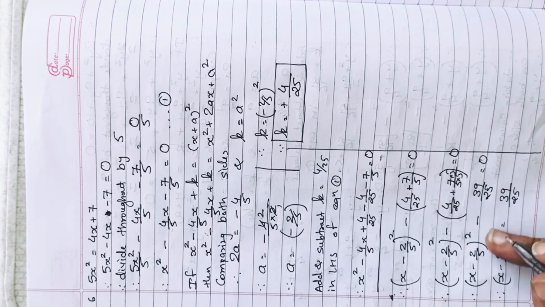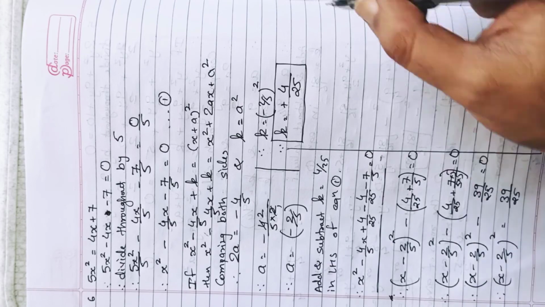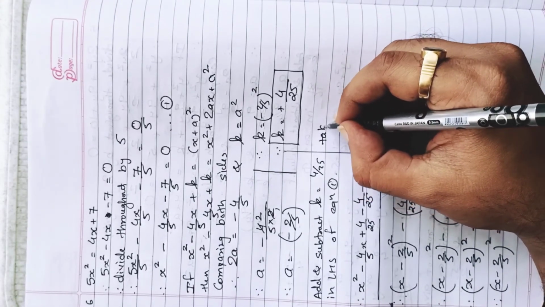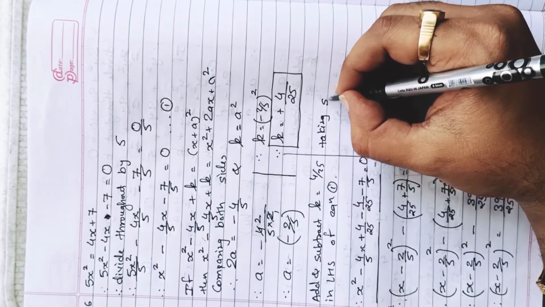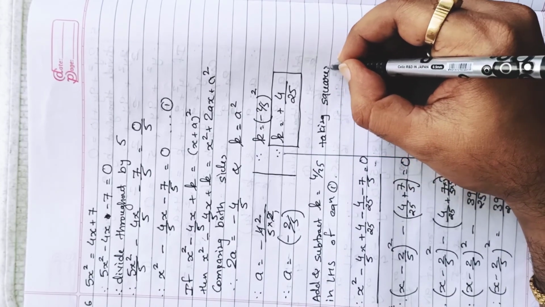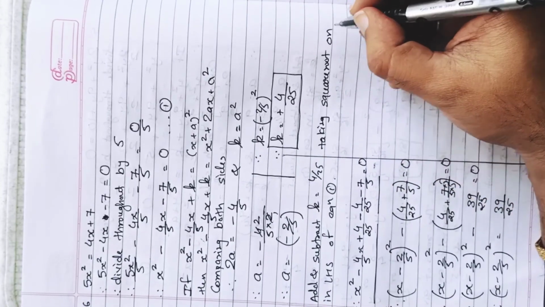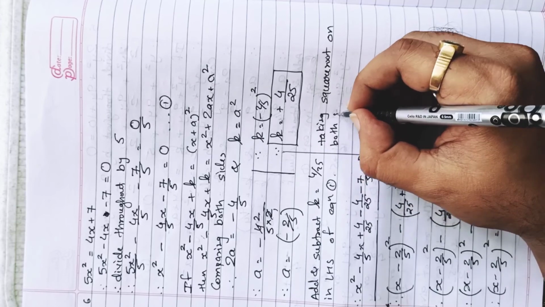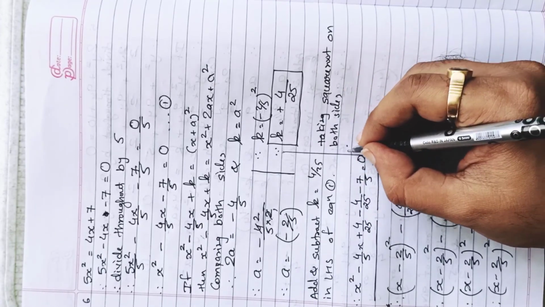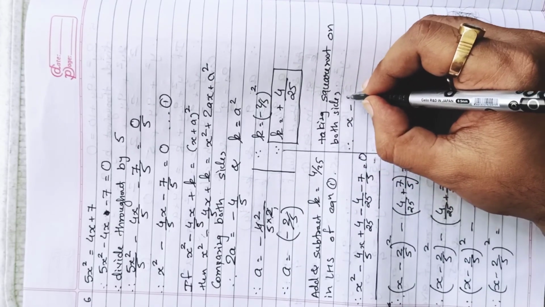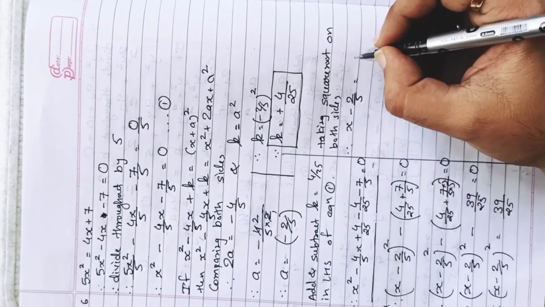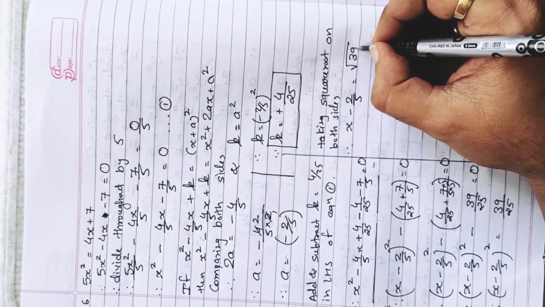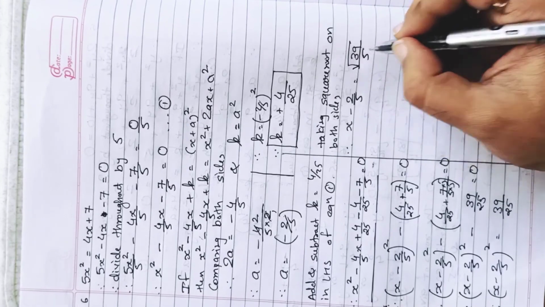As the perfect square is isolated, now taking square root on both sides. Therefore x minus 2 by 5 equal to square root of 39 upon 5, right?